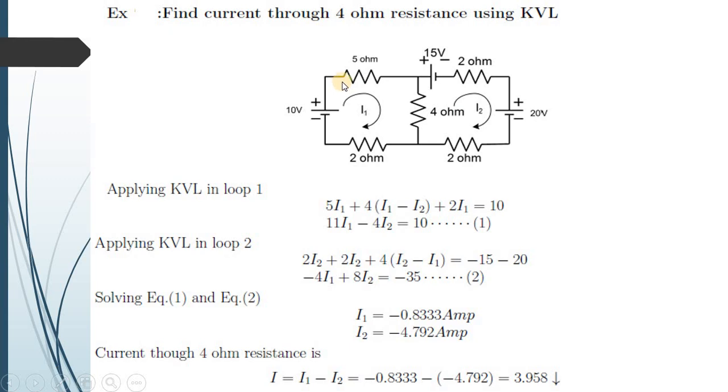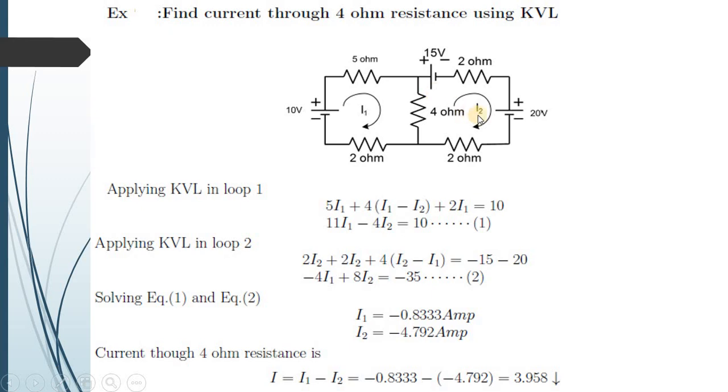It means 5I1 plus 4(I1 minus I2) plus 2I1 is equal to 10 volt. By simplifying this, we get 11I1 minus 4I2 is equal to 10.